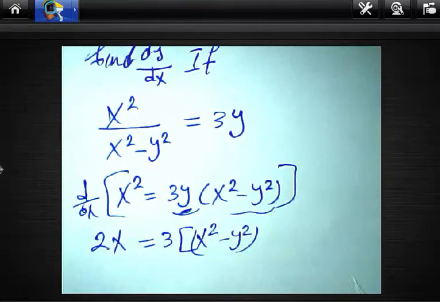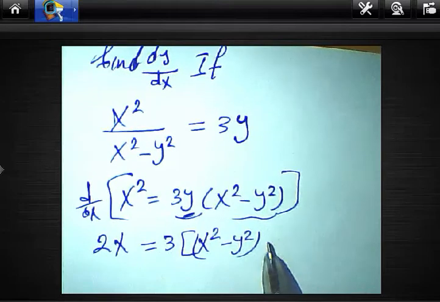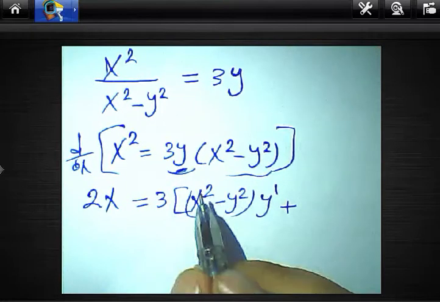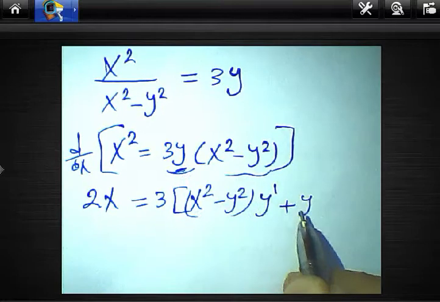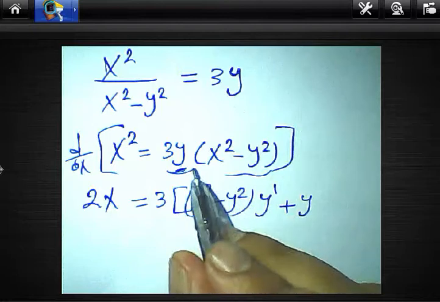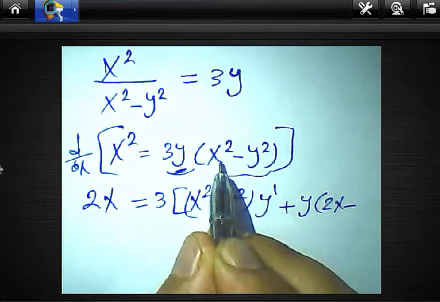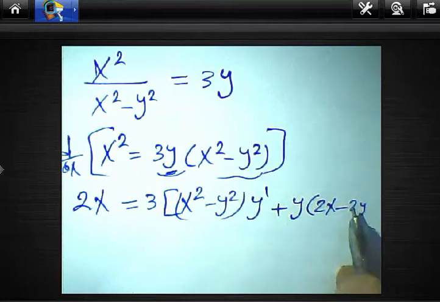Okay, we can write the second here, multiplied by the derivative of the first, which will be y dash, and we can write the first y multiplied by the derivative of the second, which will be 2x subtract 2y y dash, the derivative of y squared being 2y y dash.